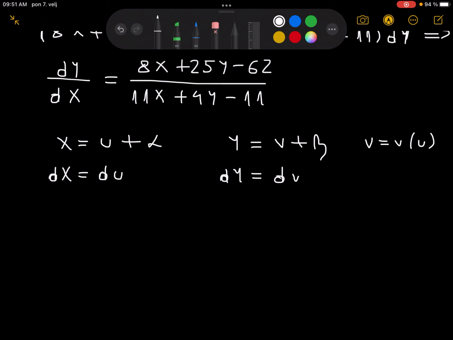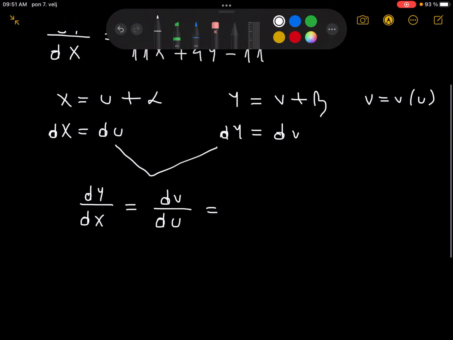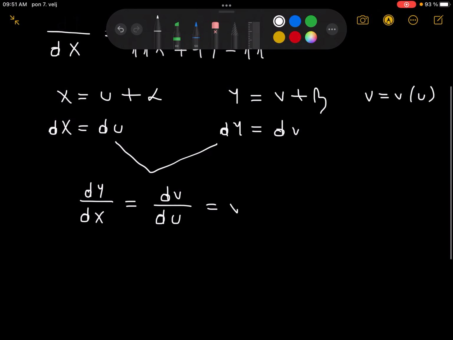So from these two equations it follows that dy over dx is equal to dv over du, which is the same as v prime.